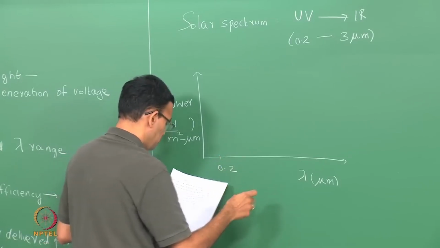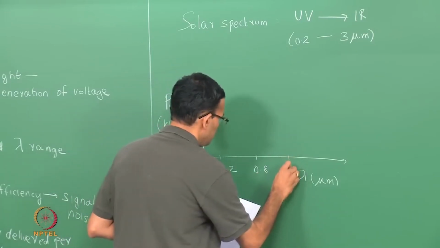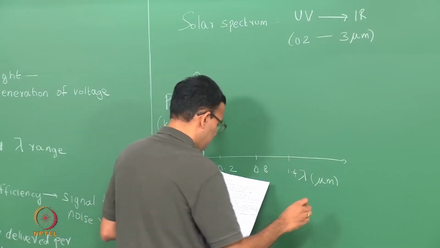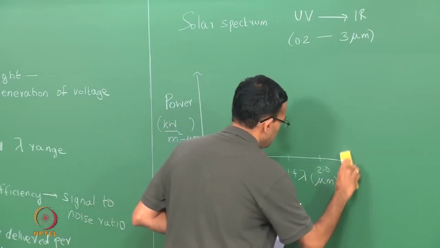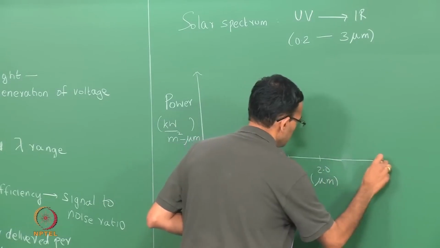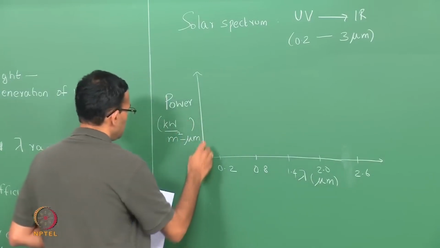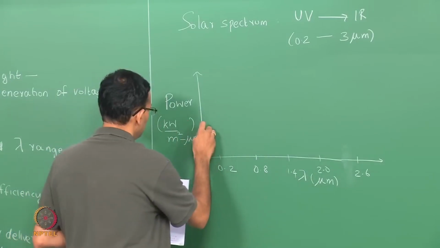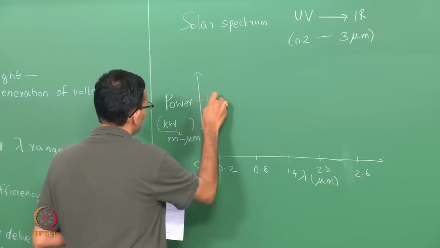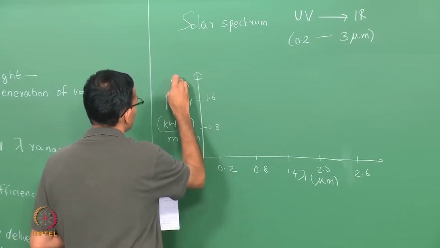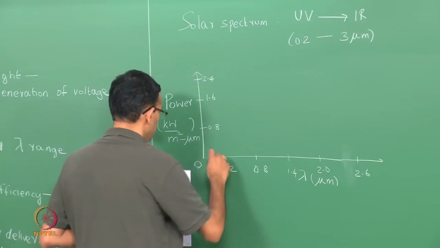This is 0.2, 0.4, 0.6, 0.8, and let me extend the axis a bit, 2, 2.4, 2.6.